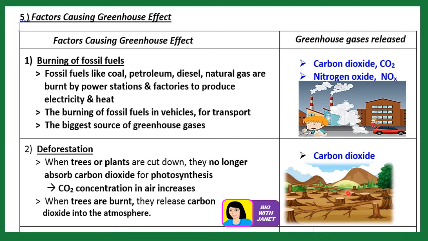So these trees are actually our friends because they absorb carbon dioxide to carry out the process of photosynthesis. So when we cut them down, the carbon dioxide cannot be absorbed, and the concentration of carbon dioxide in the air will increase. And when the trees are burnt, sometimes the forests are burnt down, then the burning of the trees also release carbon dioxide into the atmosphere.